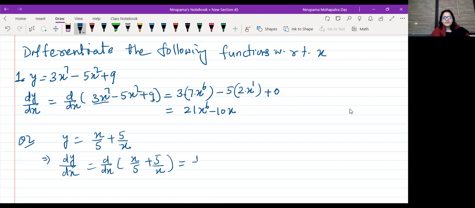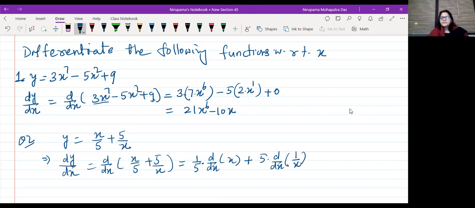Okay, 1 by 5 into d by dx of x plus 5 into d by dx of 1 by x.